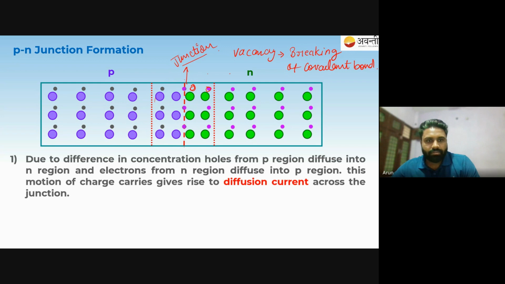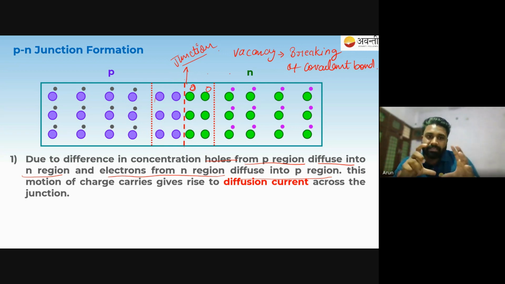Now, due to the difference in concentration, holes from the p region diffuse into the n region, and electrons from the n region diffuse into the p region, because in the p region we have a high concentration of holes, positively charged carriers. Okay, the majority charge carrier in a p type semiconductor is holes.